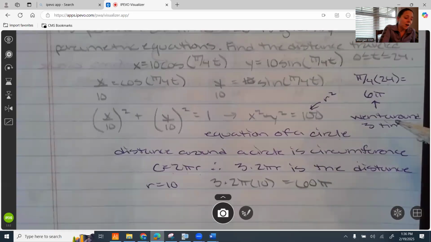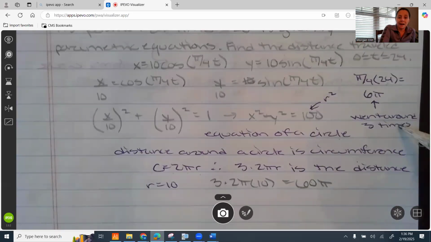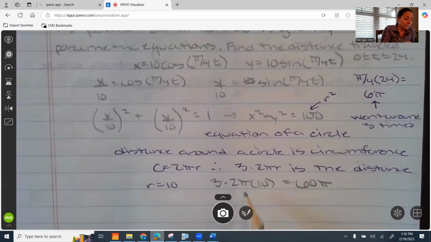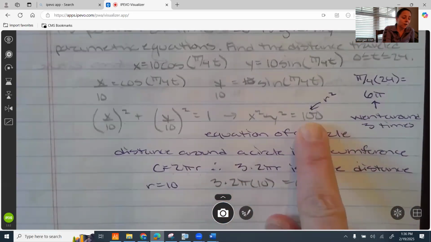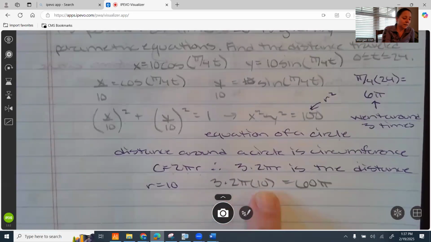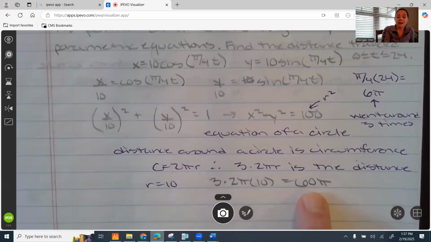So really, I've gone around here 3 times. So since I'm going around the circle 3 times, I find the circumference of one circle, 2 pi times r, and remember this is r squared, so the square root of 100 is 10, so 2 pi times 10, and then times 3, I've actually gone 60 pi.